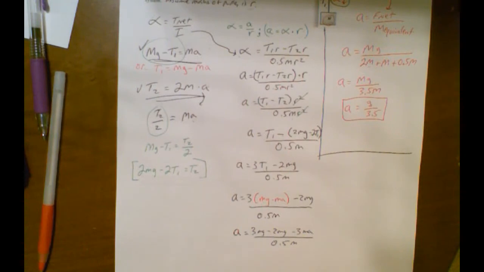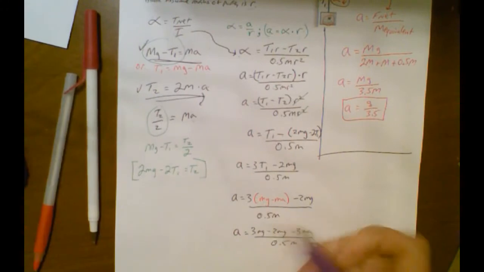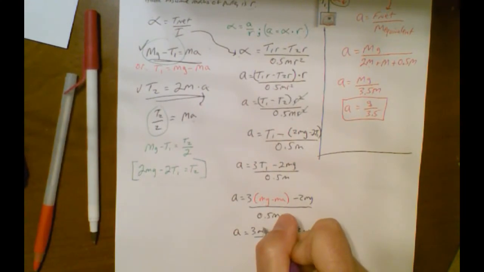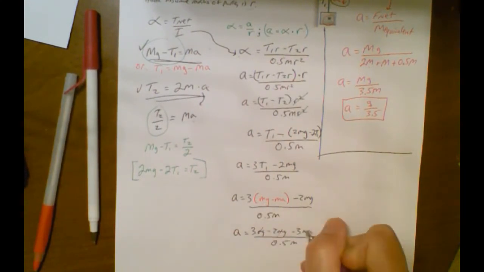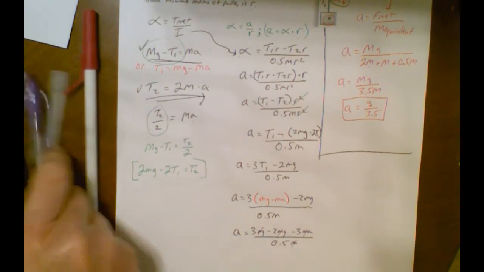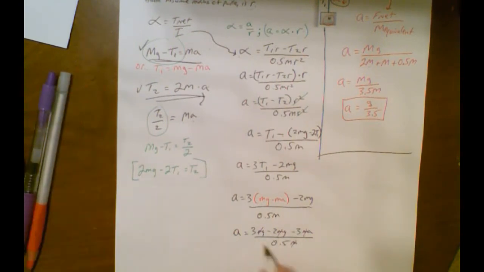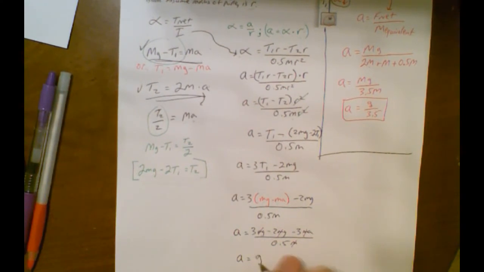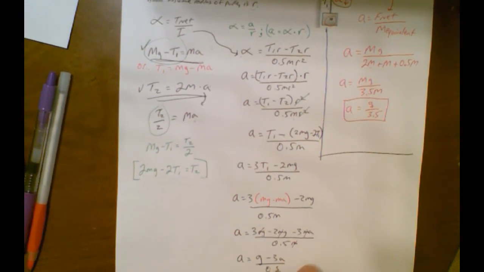A lot of m's in there still, so I guess I could cancel those out now. And I will use purple. M, M, M, M. So I get 3g minus 2g minus 3a. So a is equal to g minus 3a over 0.5.